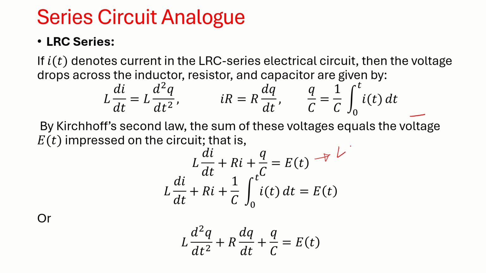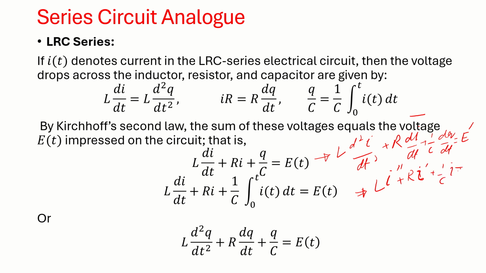If we differentiate, this becomes L d square I by dt square plus R times di by dt plus 1 over c dq by dt, and that will be E dash. So we can have another differential equation, that is L I double dash plus R I dash plus 1 over c times I.